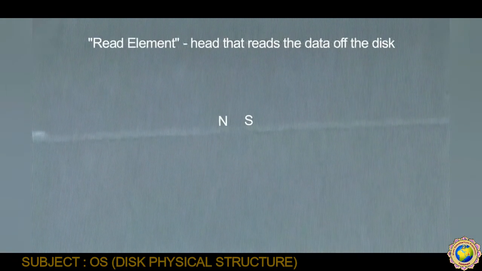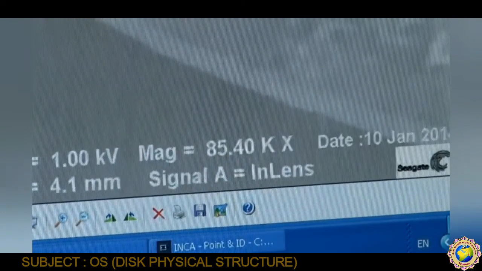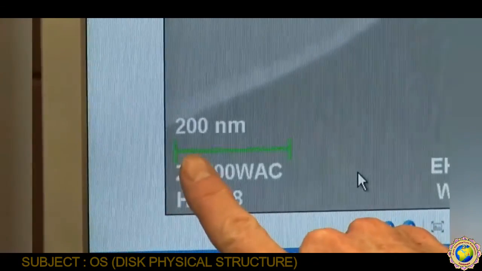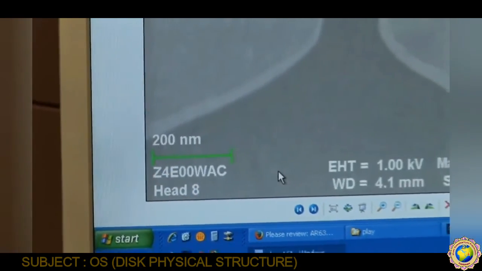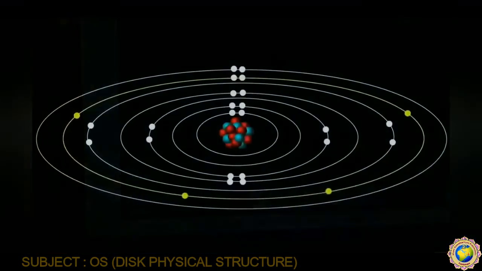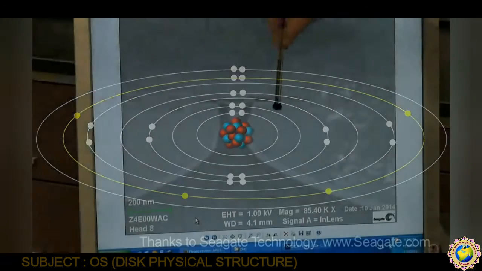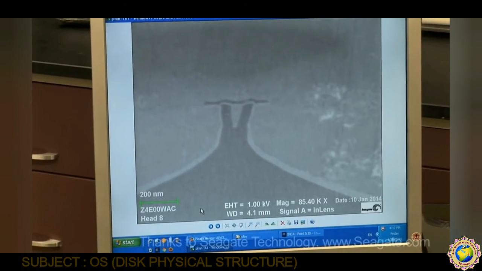So our magnification right now is 85,000, and our micron bar is 200 nanometers. When you think about it and you think about the size of molecules, we realize that some of these layers that we're looking at are roughly a few atoms or a few molecules thick.